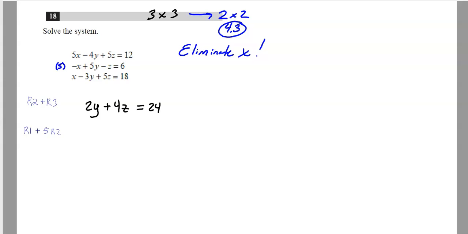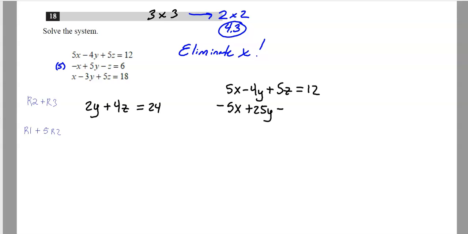Let's work that out over here off to the side, where I'm doing my scratch work. That's row 1, and I'm going to add row 2 multiplied by 5. So that's going to wipe out x's for me.